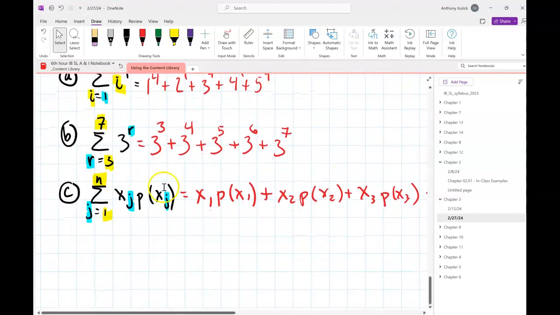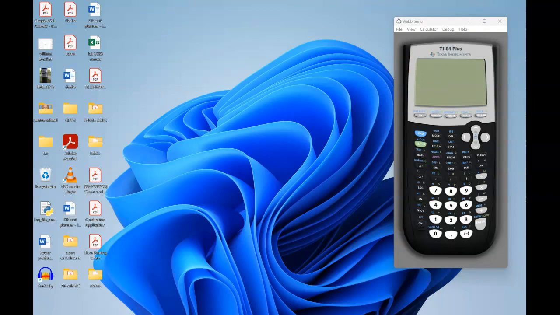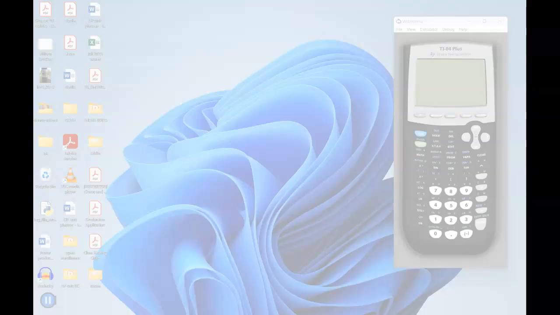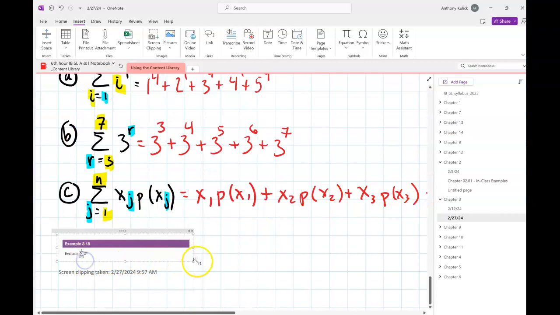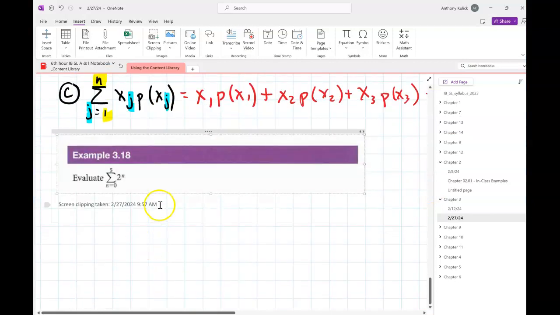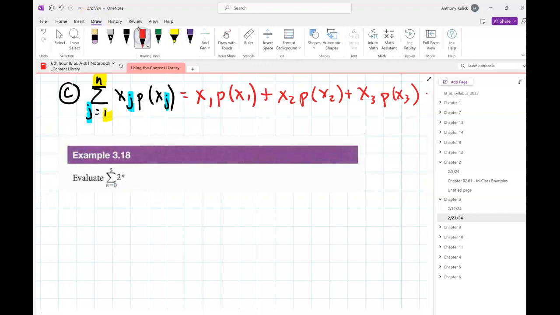All right, let's do another. Just getting comfortable with our notation here. So here the directions say evaluate. What does evaluate mean? Like figure out what the number equals, right? So how am I going to do that?